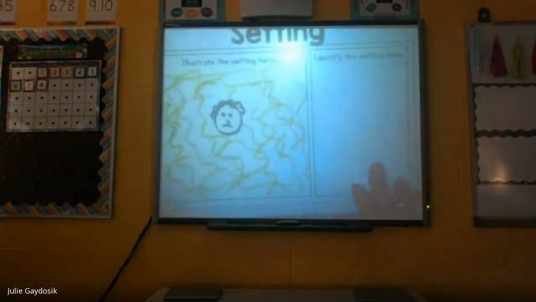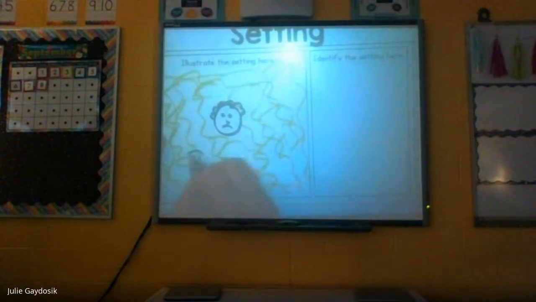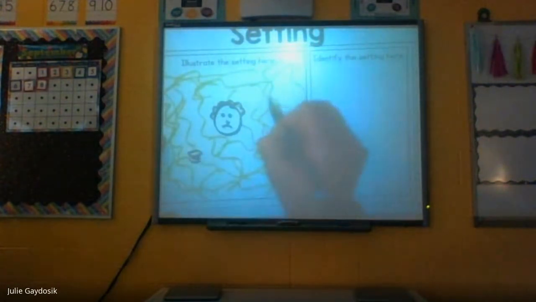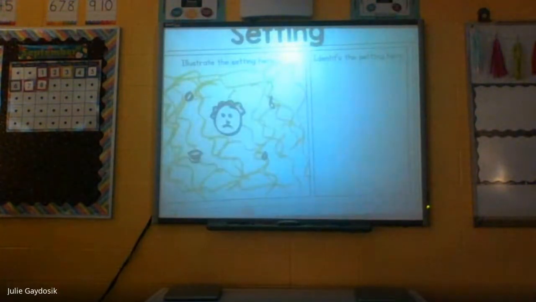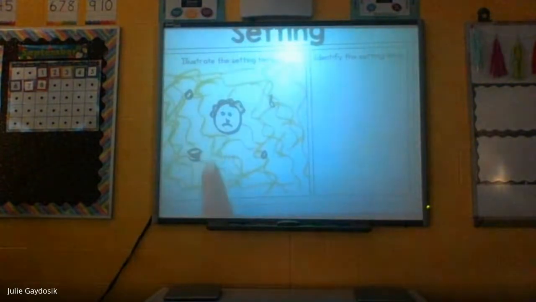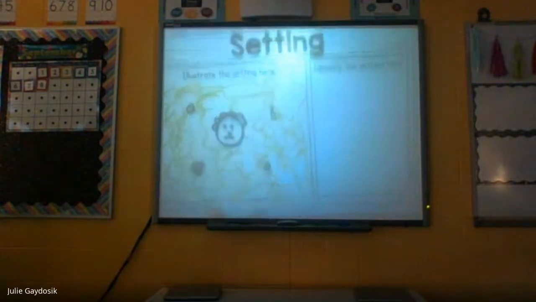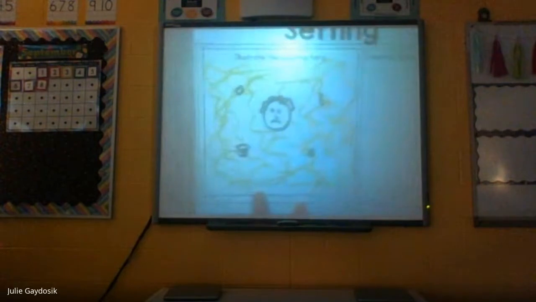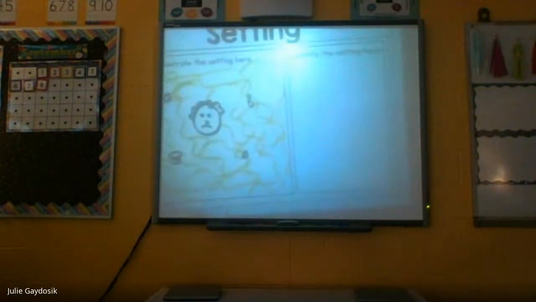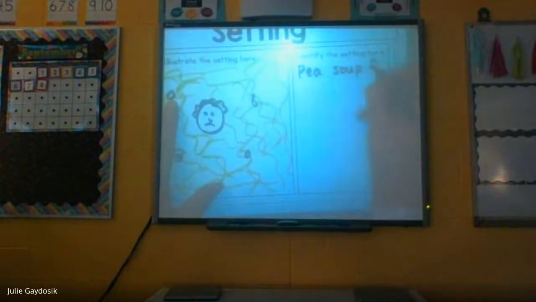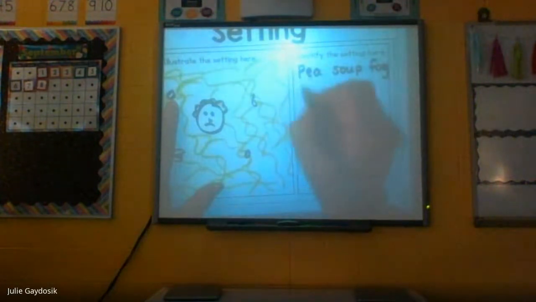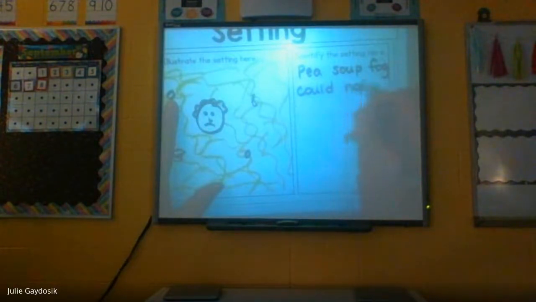So, boys and girls, he's upset, right? Because he's stuck in the pea soup fog and he cannot see where he's going. Now if I was to describe or identify it, I would say there was pea soup fog, right? Could not see.